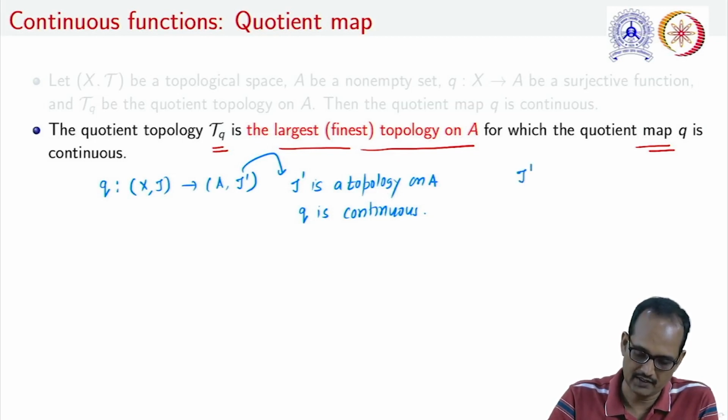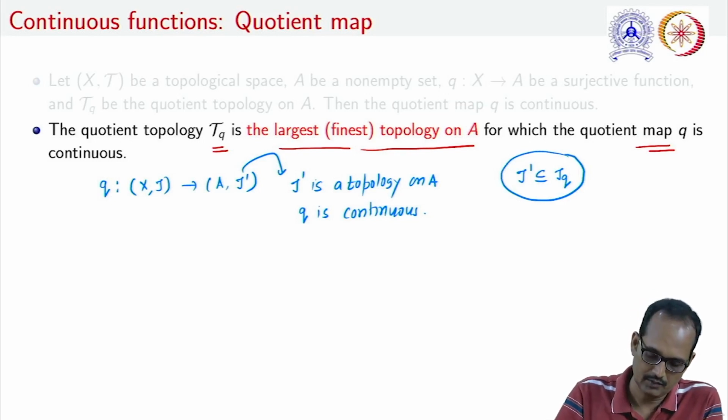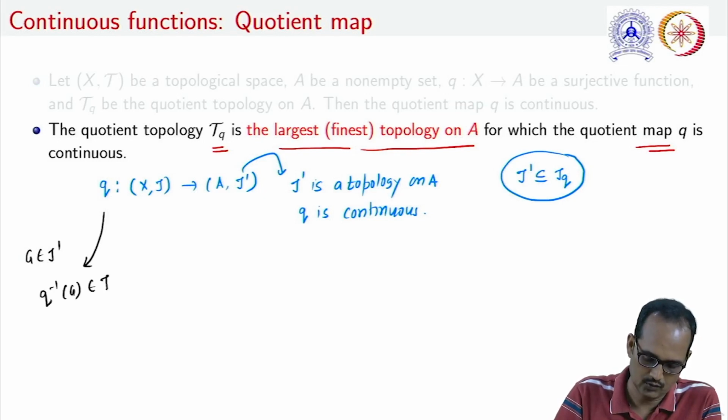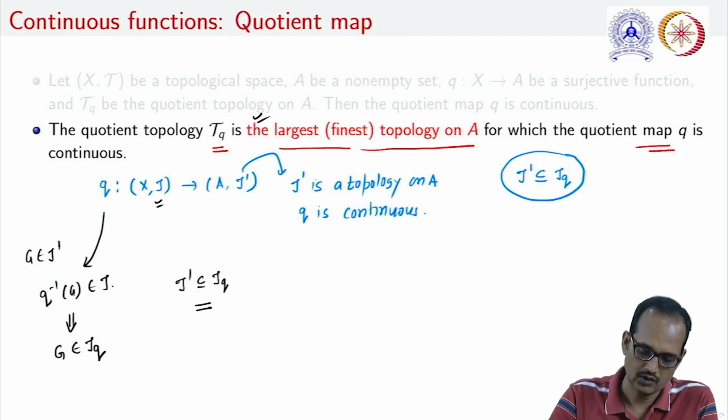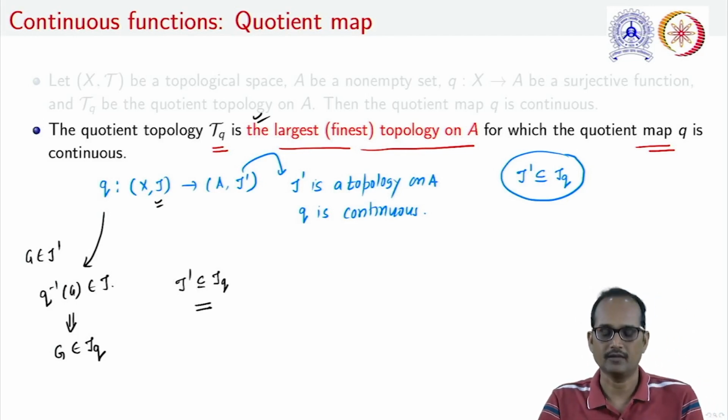We have to justify that this tau dash is coarser than tau Q. It can be easily justified here, because if we take any G belongs to tau dash, by continuity of this q, q inverse G belongs to tau. And note that if q inverse G is a member of tau, from here, by definition of quotient topology, G belongs to tau Q. That is, tau dash is coarser than tau Q, or this tau Q is the largest topology on A.